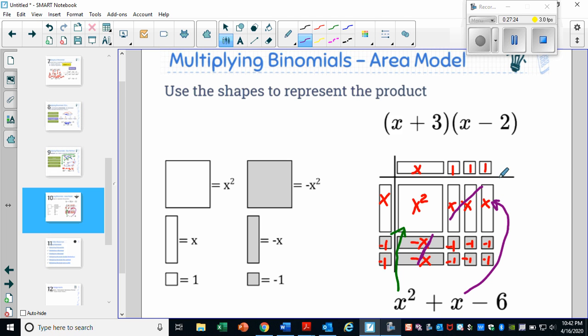And then last but not least, the 6 little negatives that are here. That's how we get our negative 6 down here. And that's how we have this final result of x squared plus x minus 6.